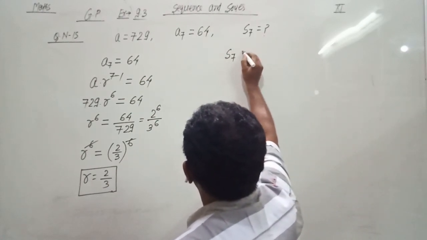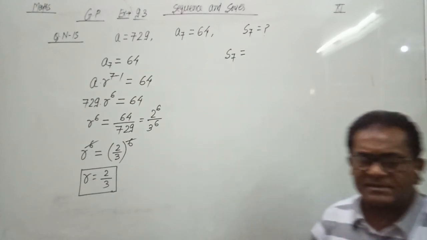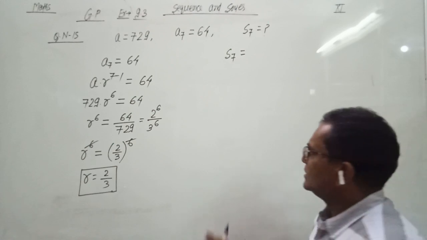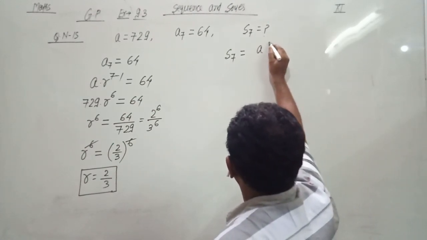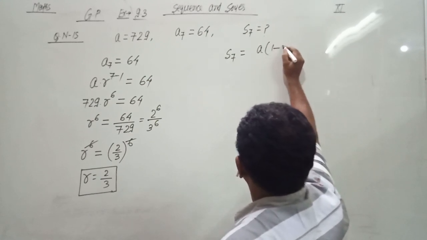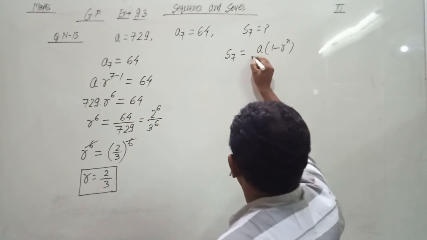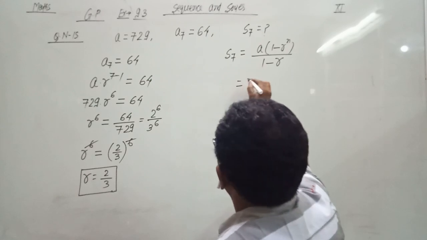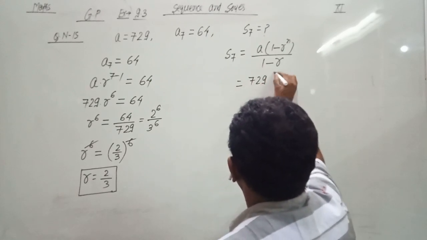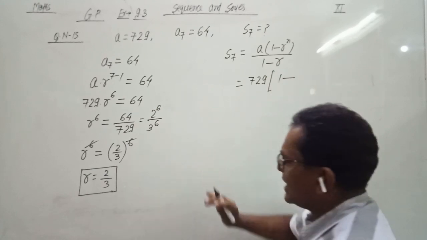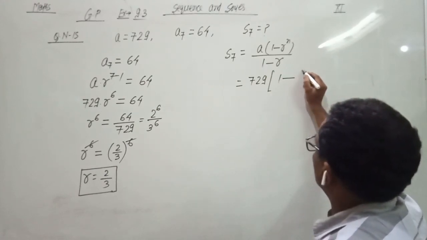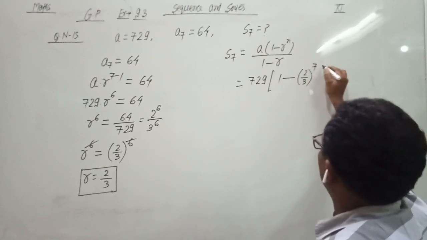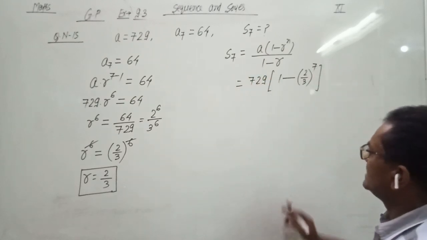Here the common ratio is less than 1, so we use the formula A into 1 minus R raised to the power n upon 1 minus R. The value of A is 729, 1 minus the common ratio 2 by 3 raised to the power n. The value of n is 7 because we have to find the sum of 7 terms.